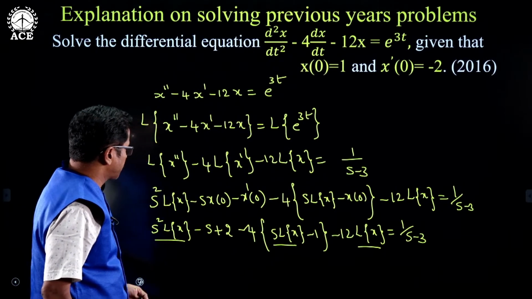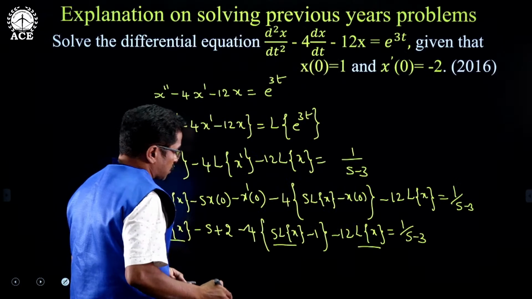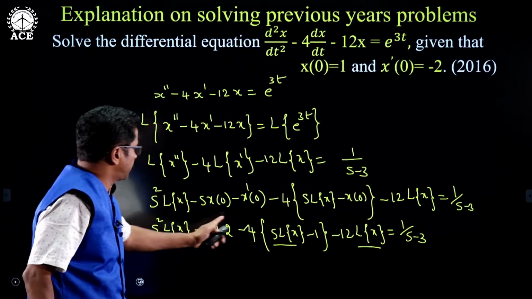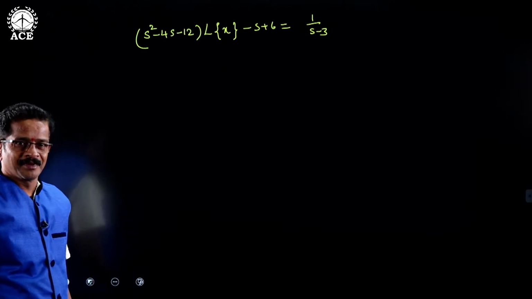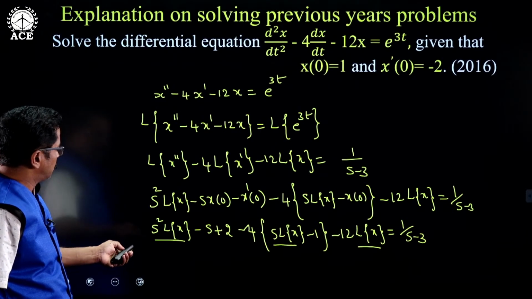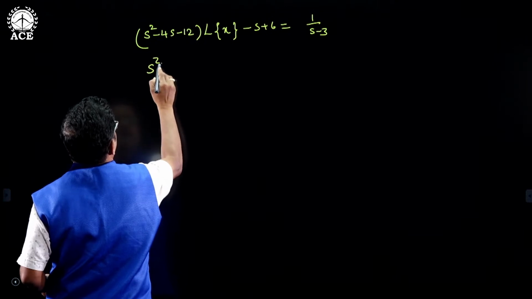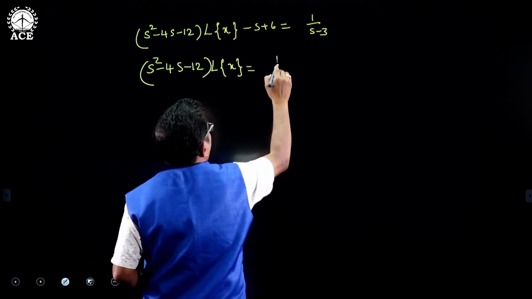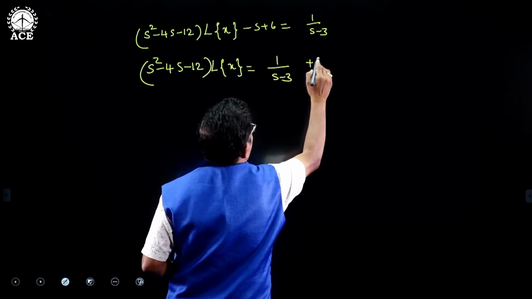Minus s plus 2 plus 4 is minus s plus 6, is equal to 1 by s minus 3. On simplification we are getting like this. So s square minus 4s minus 12 into L of x is equal to 1 by s minus 3 minus s plus 6 that side, if I bring that side it becomes plus s minus 6.